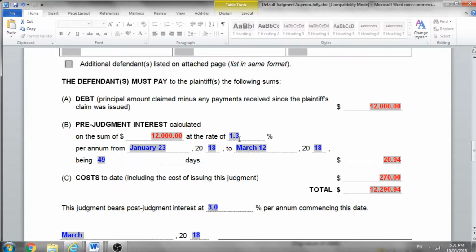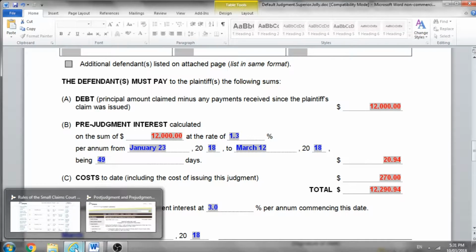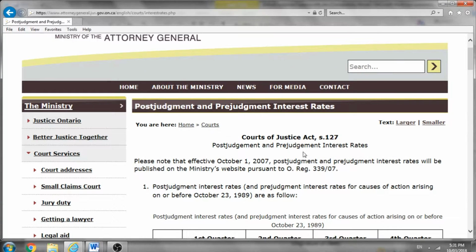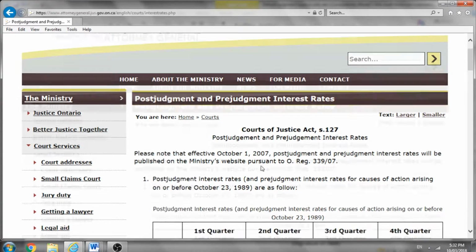Now, that's quite easy. All we do is we Google prejudgment interest. And when prejudgment interest is Googled, what we get is a site which is posted by the Ontario Ministry of the Attorney General, and it just happens to be post-judgment and prejudgment interest rates.